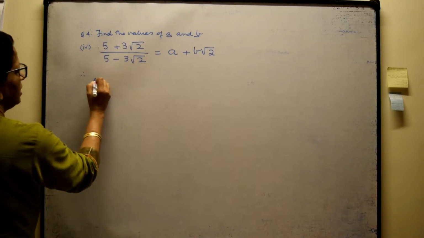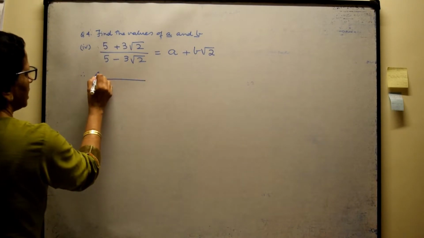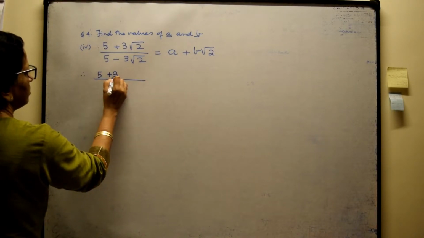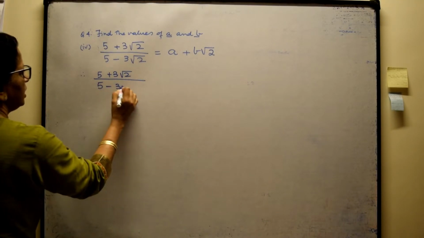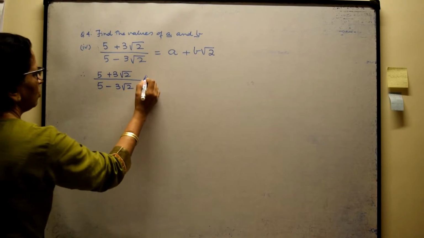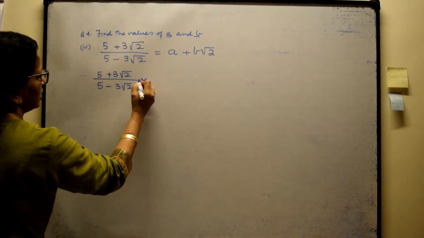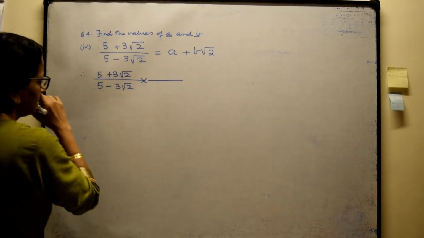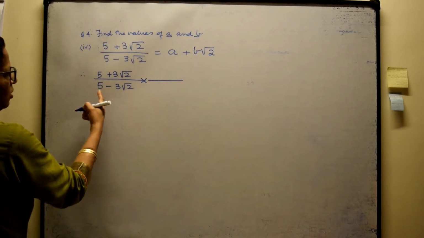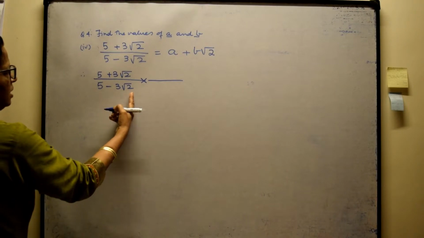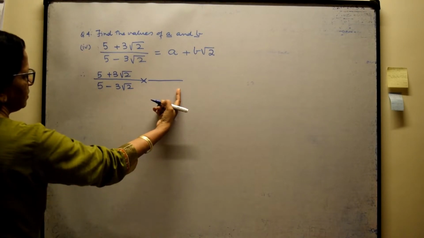and we will write this left hand side as 5 plus 3 root 2 upon 5 minus 3 root 2. But what we will do is we will rationalize this. When we rationalize, we look at the denominator, and if it is in the form a minus b, we will take here a plus b.